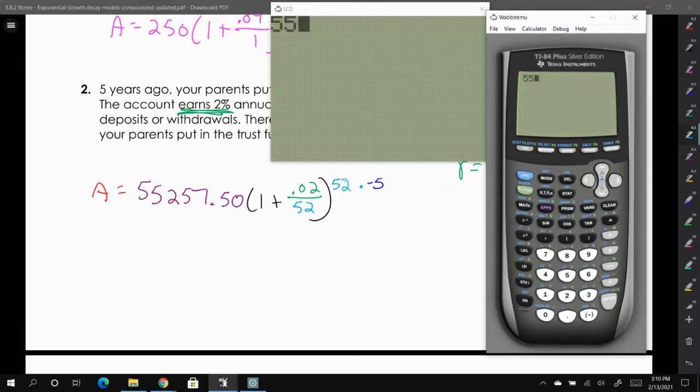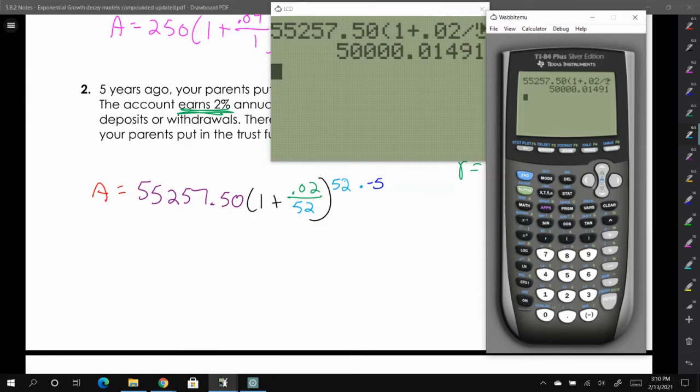So 55257.50 parentheses 1 plus 0.02 divided by 52, 52 times -5. So we get pretty much $50,000. $50,000 and 1 cent.